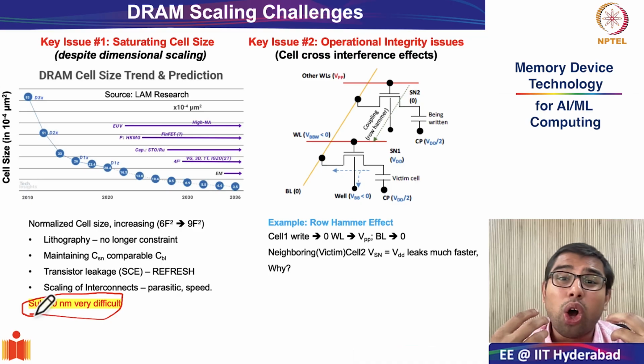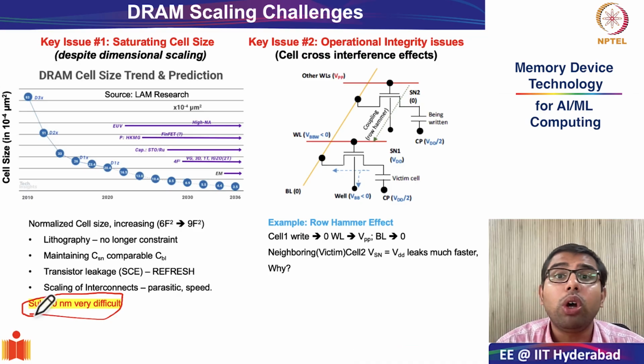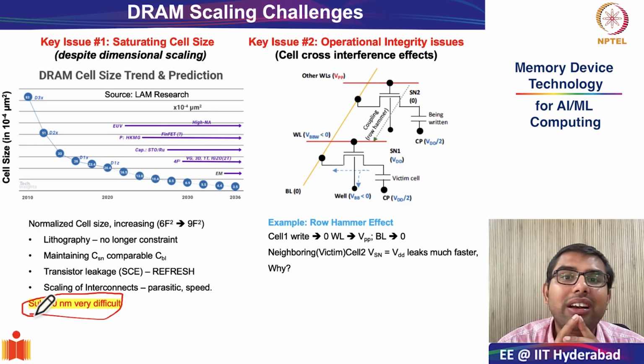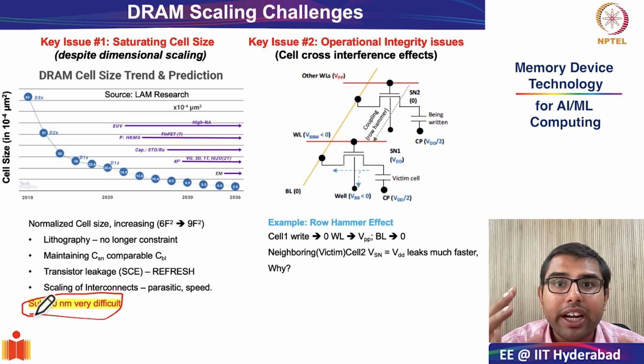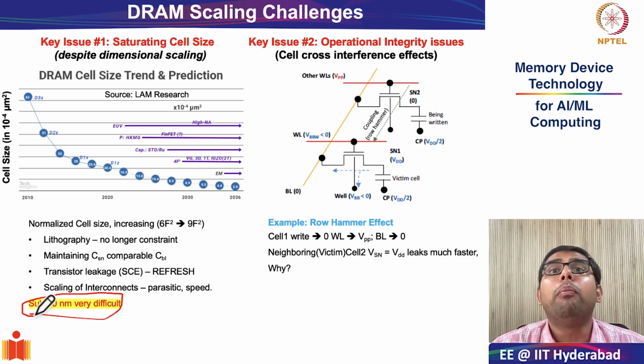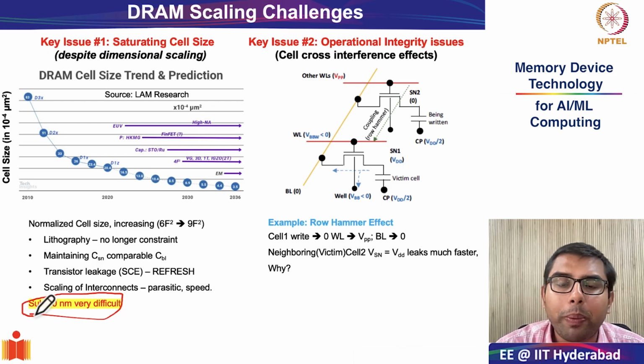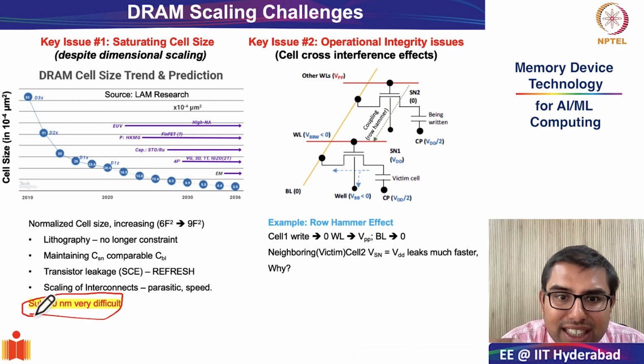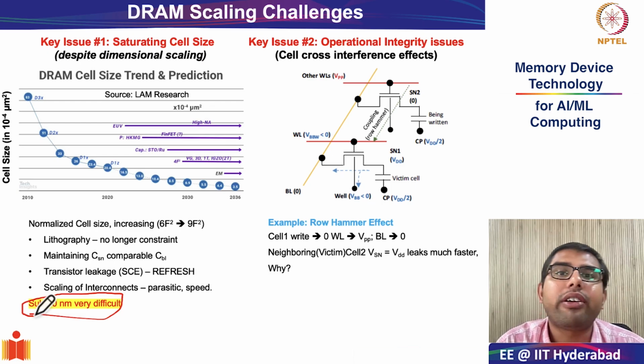However, there is another operational integrity challenge also, which I will just briefly mention. The biggest operational integrity challenge is that as you reduce the dimensions of an individual cell and pack more and more cells into a small footprint, the distance between two cells also starts reducing.